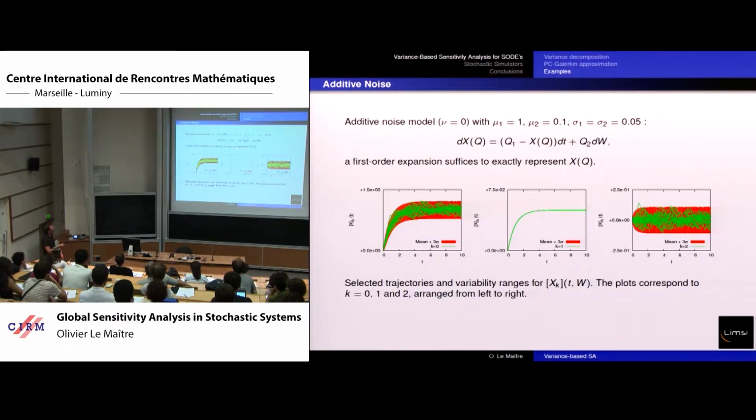So in the case where we have an additive model, so nu equal to 0, we can show that you need just a degree 1 polynomial expansion to exactly capture the solution. Okay? And here are trajectories of the mean mode, x0. So it really looks like typical trajectories for the system, an OU process.